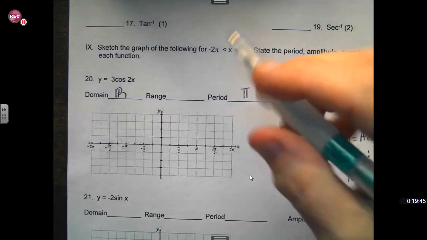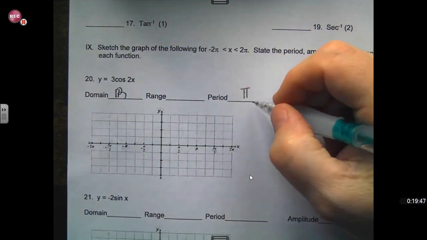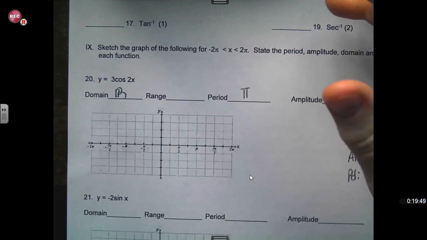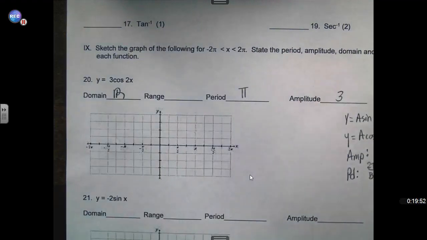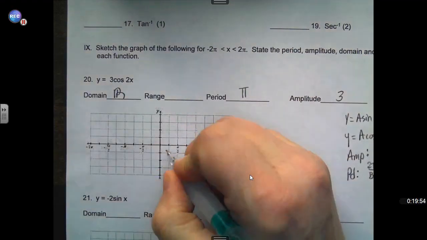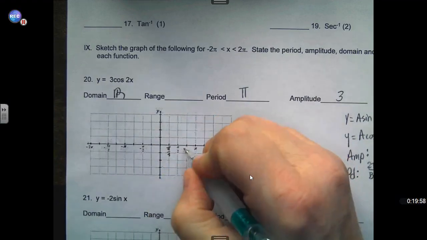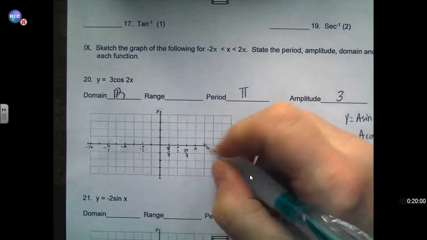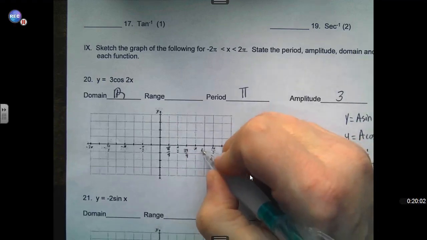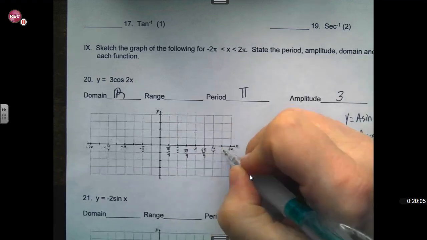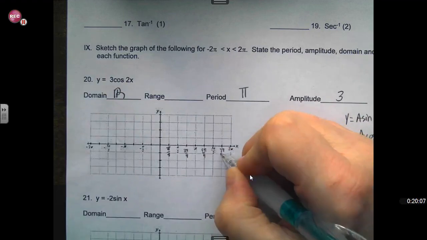Okay. So if the period is pi, then what I want to count by is the period divided by 4. So I want to count by pi over 4, which we talked about in class. I want you to put those measurements on there then. 3 pi over 4, 4 pi over 4, 5 pi over 4, and 7 pi over 4.